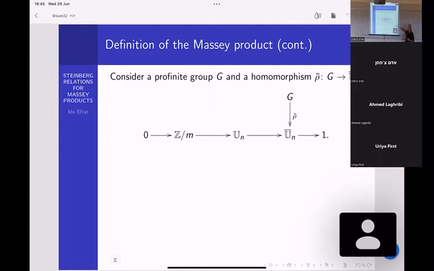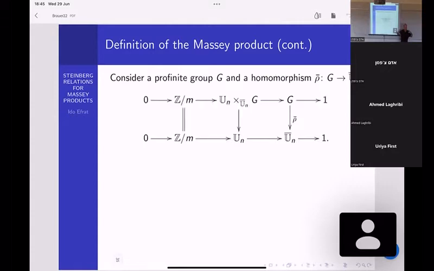Now, we can take the pullback, it looks like this. So here on the right, we have G, the kernel is Z mod M, and in the middle, we have the fiber products, the same thing as in U_n bar.